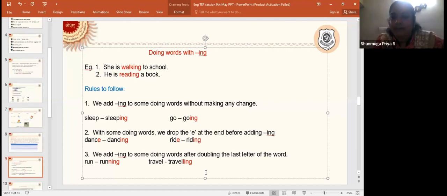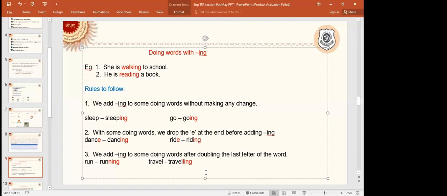Any other action words? Shining. Batting. Any other?